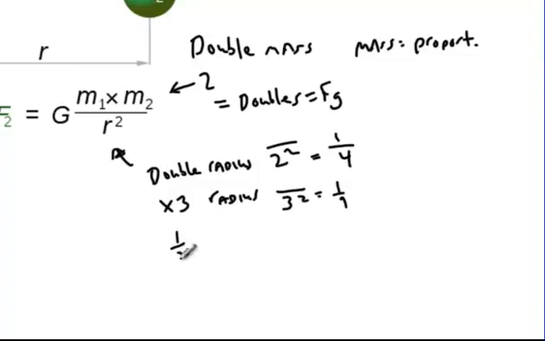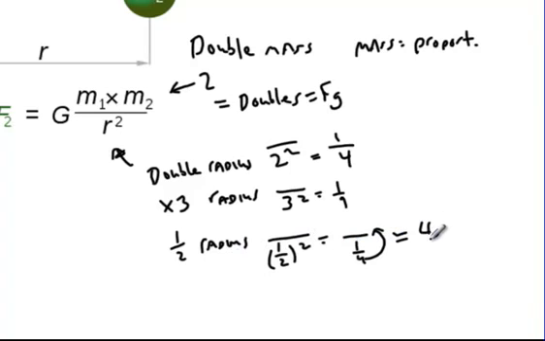If you halve the radius, on the bottom you have 1/2 being squared. That is again on your denominator, and so that ends up being 1/4, and that 4 comes up top, which means if you decrease the radius by half, the force goes up by a multiplier of 4 times.